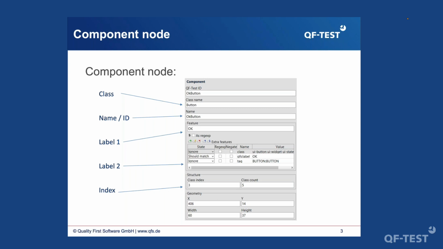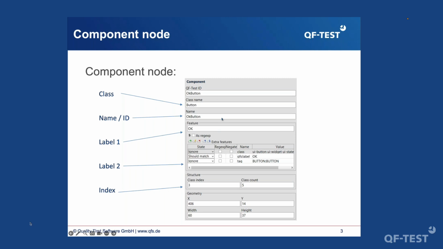If you're just relying on geometry or structure, your test is error-prone, because whenever the geometry changes, like running the test on another machine with a larger resolution, or the button is moved a bit in the application so that the structure changes, the recognition is not that stable.